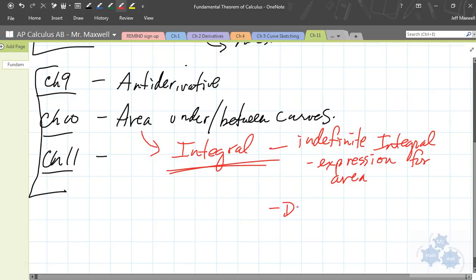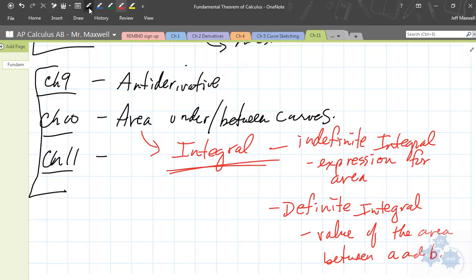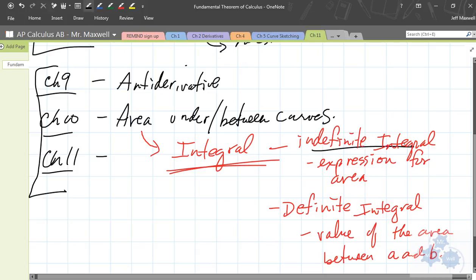The definite integral is the actual value of the area between A and B. So this indefinite integral, really it's kind of like the antiderivative, right?